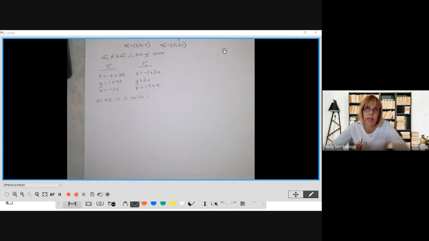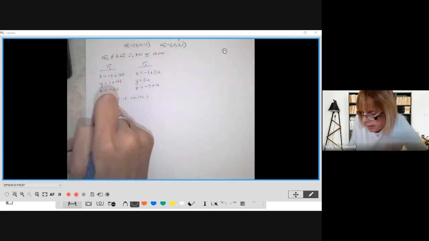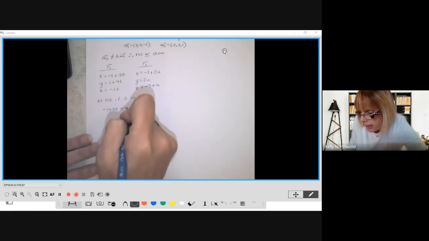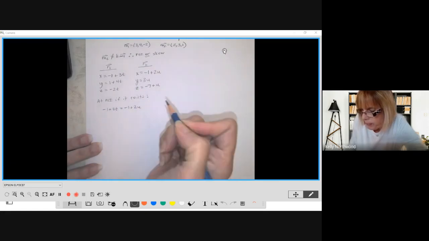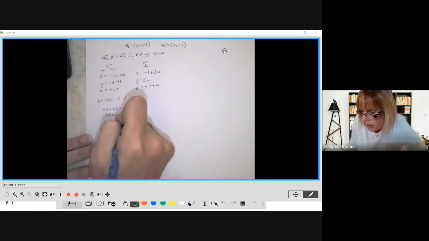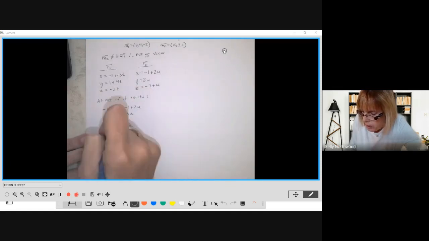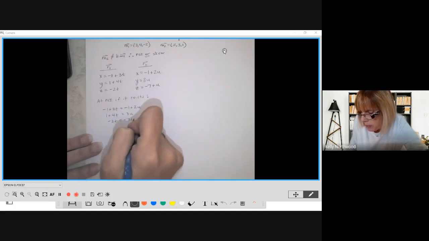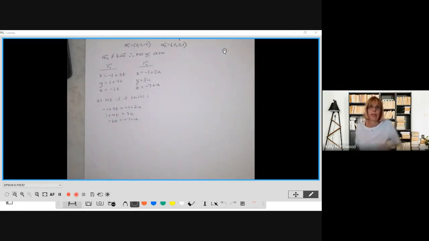So -1 + 3t would have to equal -1 + 2u. 1 + 4t would have to equal 3u. And -2t would have to equal -7 + u. If one actually exists, then that has to be true.